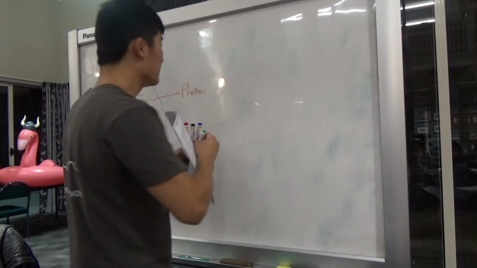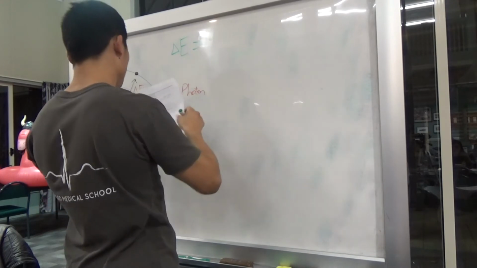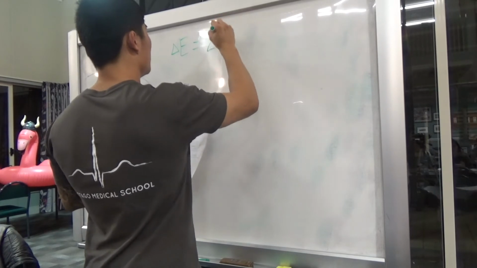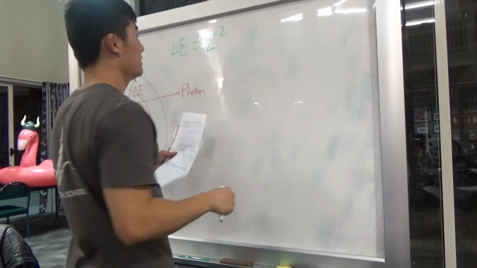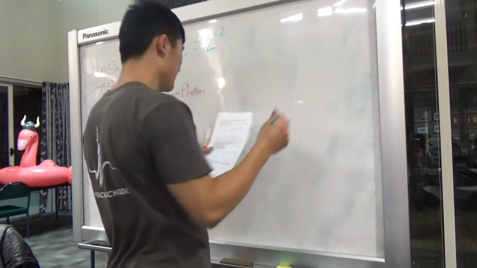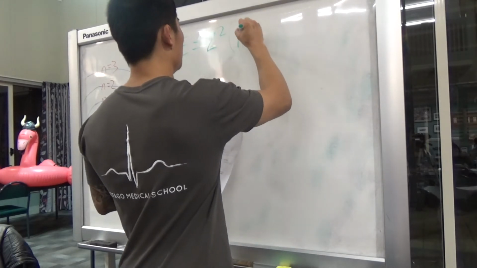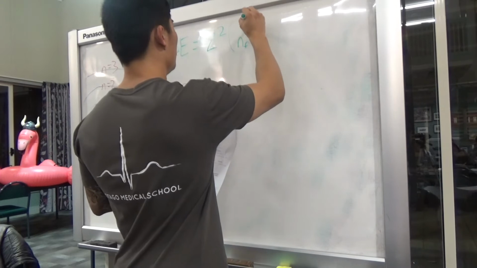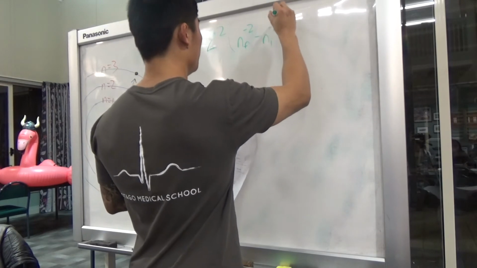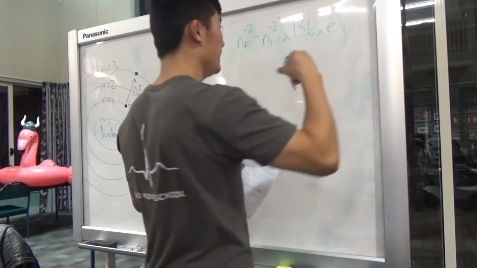The equation for that is delta E is equal to Z squared, where Z is the number of protons in the nucleus, and that's going to affect the difference in energy between the orbitals, times bracket final orbital to the power of -2 minus the initial orbital to the power of -2, times 13.6 eV, or electron volts.